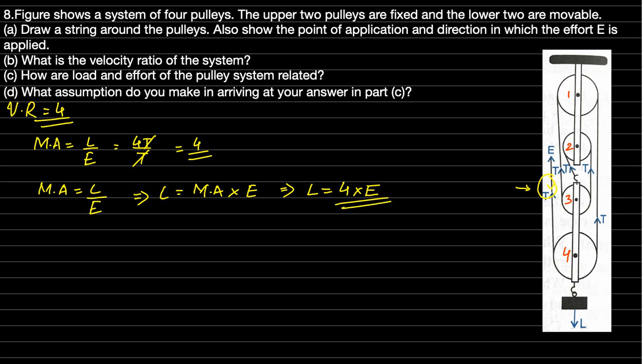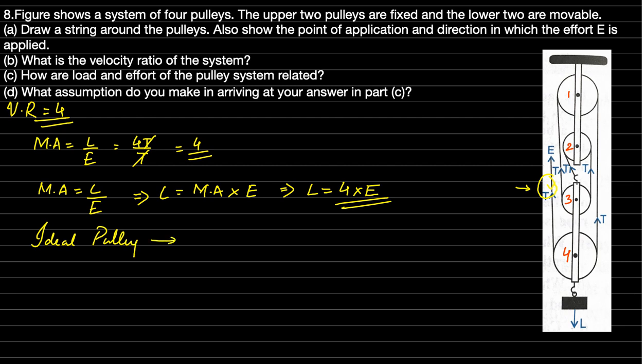Coming to the next one, that is D part. Now this is a common question. If this comes in any of the questions, the answer is going to be the same for most of it. What assumption do you make arriving at your answer in part C? The first thing we assumed is it is an ideal pulley. What do we understand by ideal pulley?